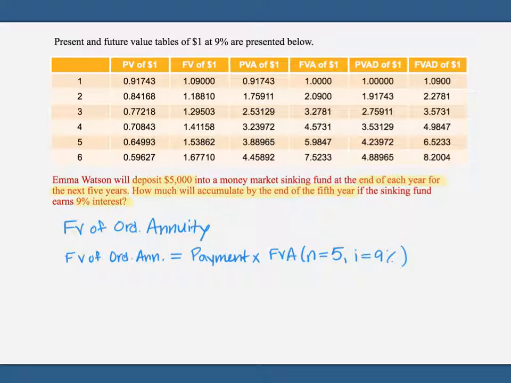So let's plug in what we know. We know the payments are $5,000. It tells us that here. Let's look at our table to find our number for the factor. It's N equals 5, and we're looking at the future value of an ordinary annuity. It's going to be 5.9847.